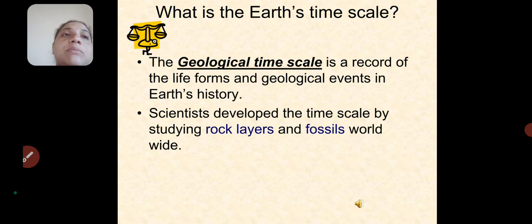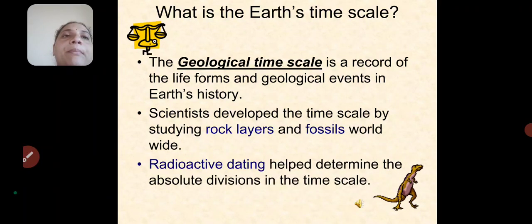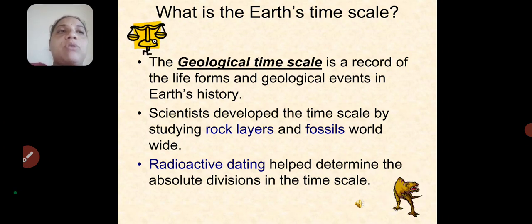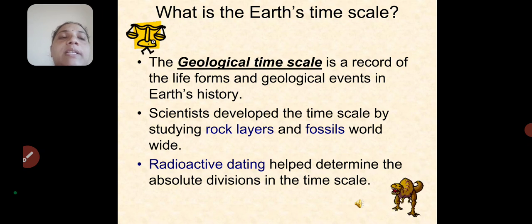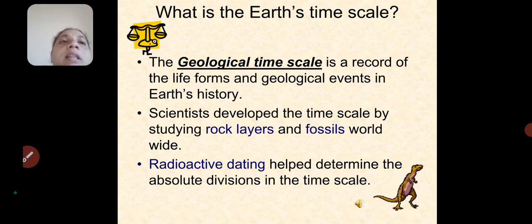In the fossils, both animals as well as plants are found. Okay, ma? Next, radioactive dating helped to determine the absolute divisions in the time scale. So, radioactive dating is helpful for the determination of fossils. Without radioactive dating, we cannot observe the fossils in the earth crust.